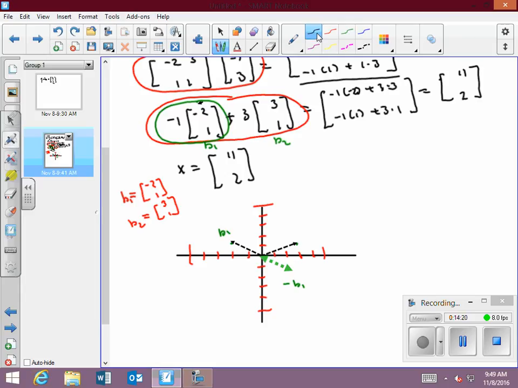So if I take 3 times B2, I get 9, 3. So I go out here at 9 and up to 3.